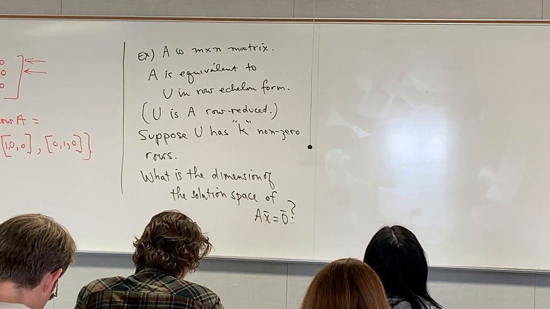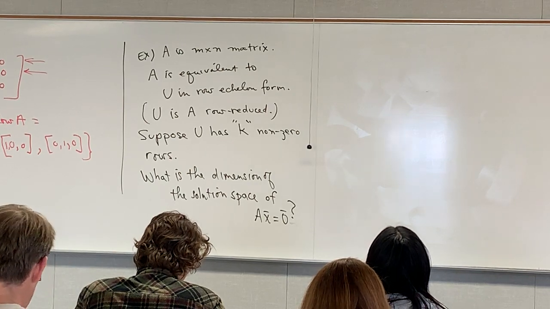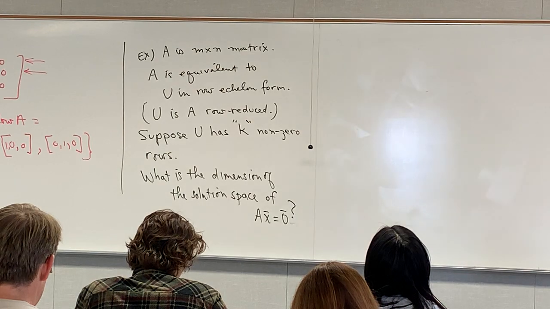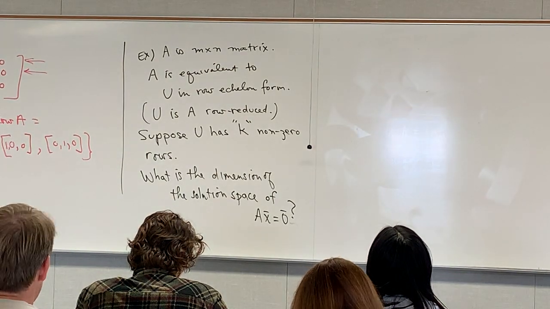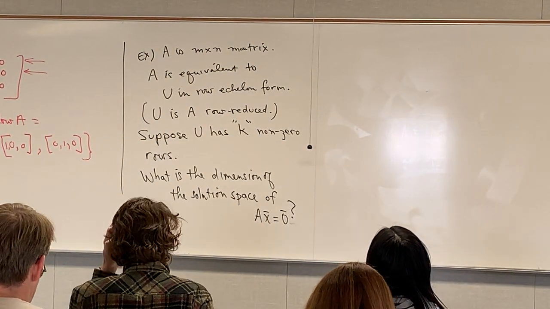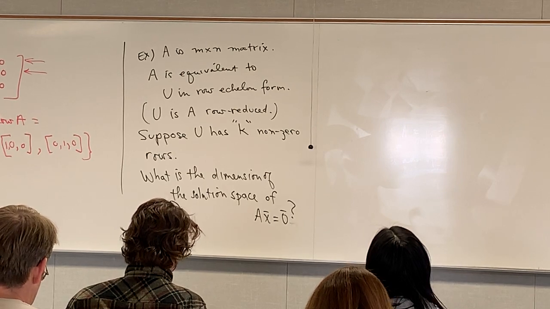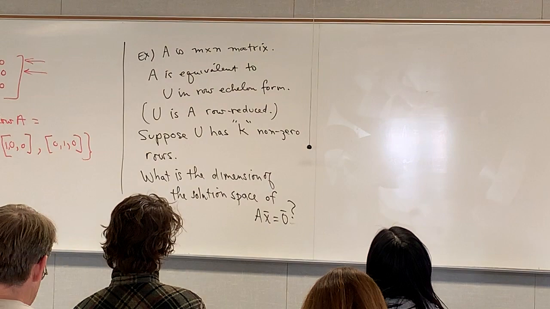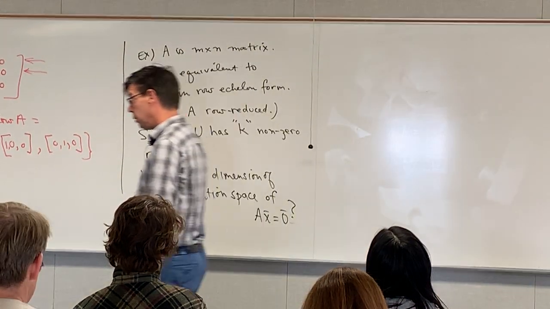A is m by n. A is equivalent to U in row echelon form, so use the row reduced version. Suppose U has K non-zero rows. What's the dimension of the solution space of AX equals 0?